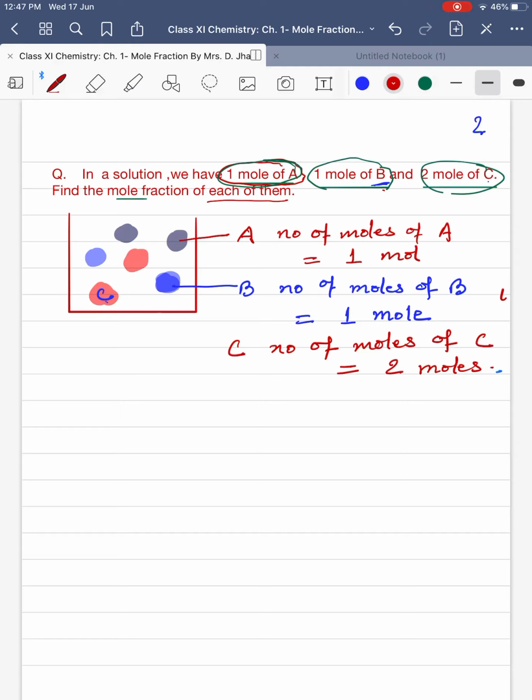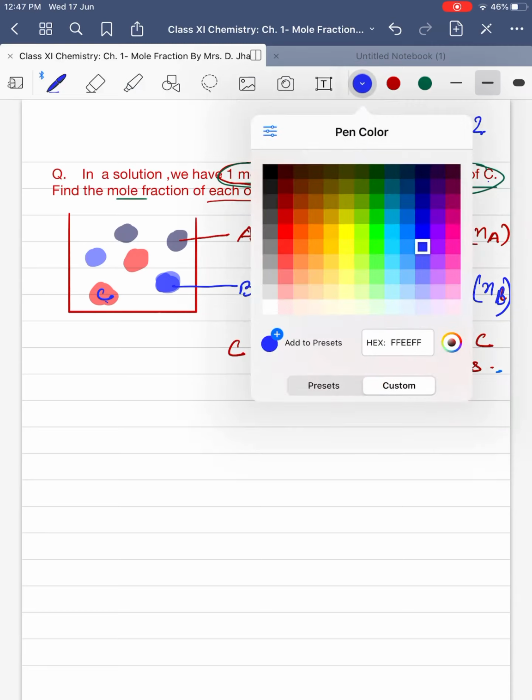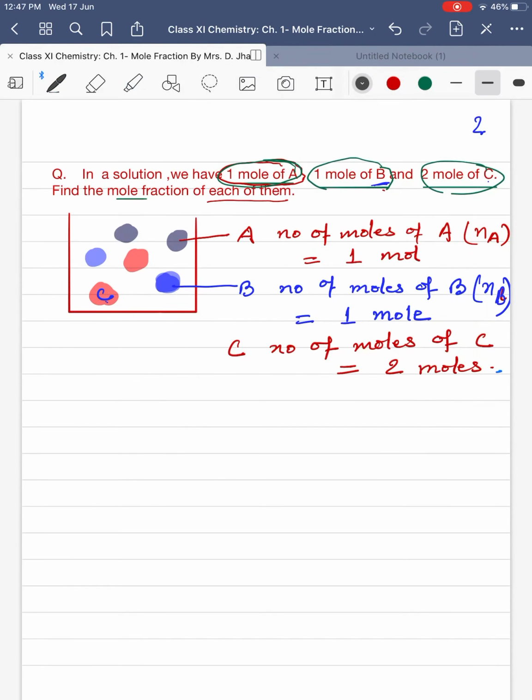And we can write here Na, Nb, and here Nc.